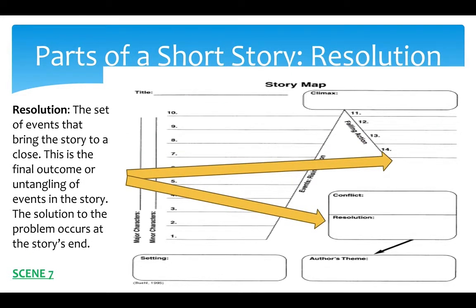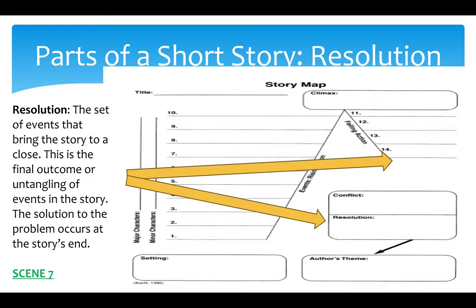And then we end with your scene 7, which is the resolution. It really is the ending. It's where you are trying to bring the ending of your story to a very satisfying close for your reader. The questions are answered. There's nothing that's really lingering for your reader. The solution to the problem occurs at the story's end, or at least everything is really wrapped up nice and tight for your character.